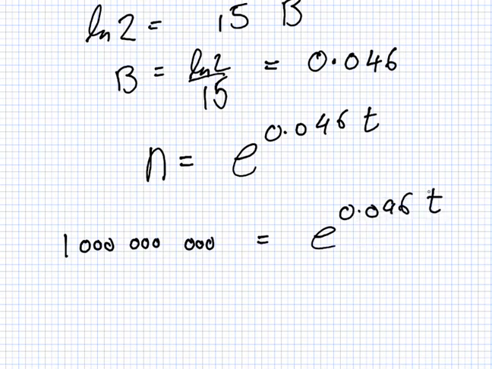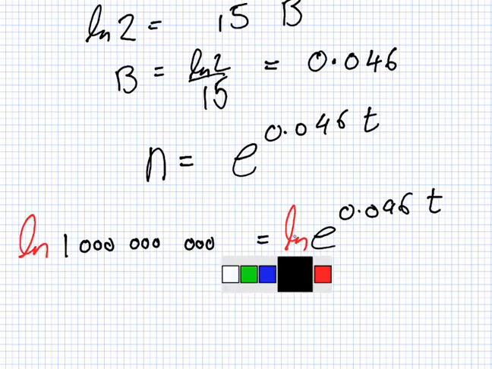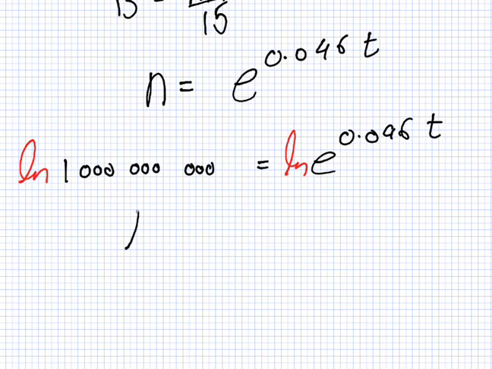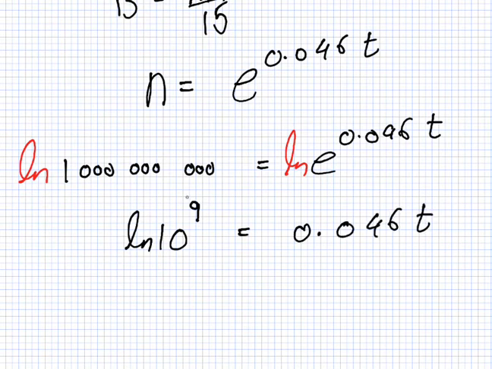So just like before, we'll put a log on both sides. But if you want to make this a little bit neater, this is log 10^9 equals 0.046t. So in fact you can take the 9 down.